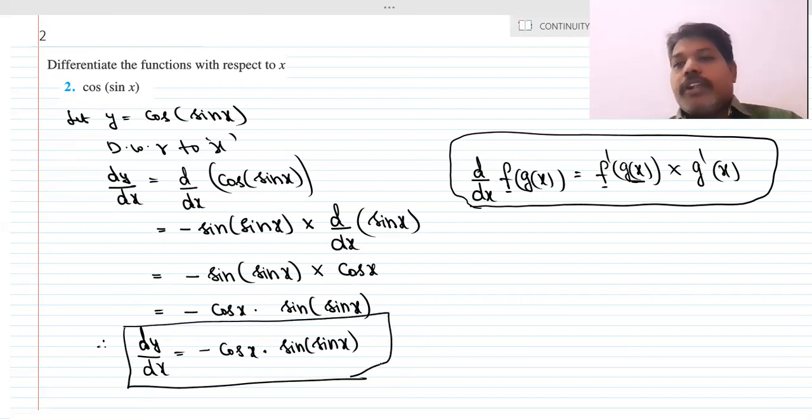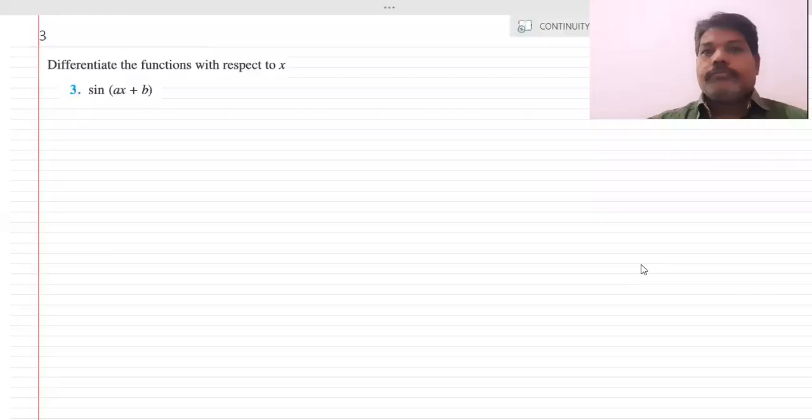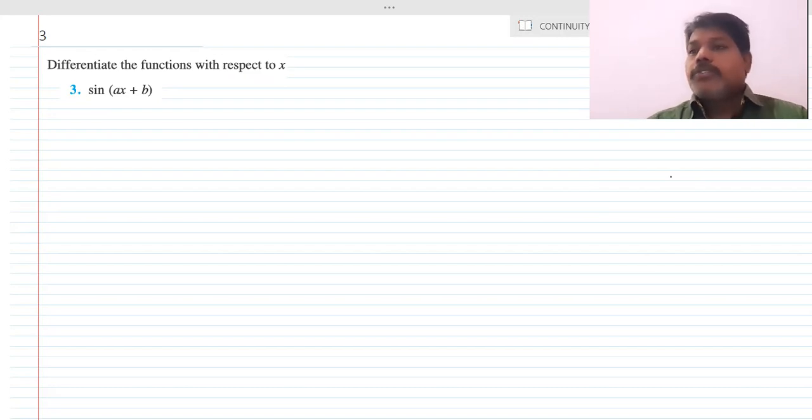See the next question, students: sin of ax plus b. How do we differentiate this function? First, let y is equal to sin of ax plus b.